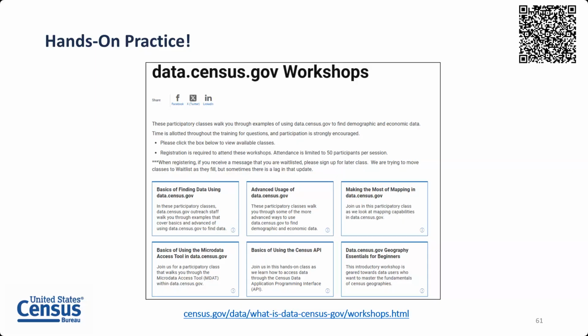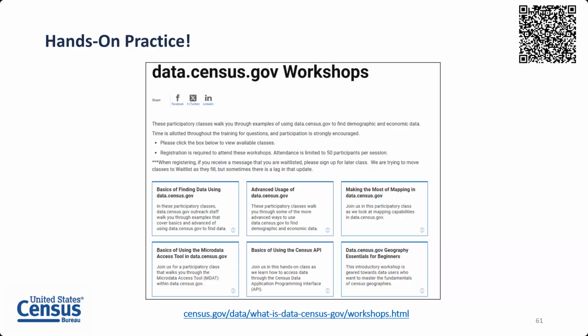And we offer them monthly on a variety of different topics. So for data.census.gov, there's basic, advanced, and mapping. We also have one on the microdata access tool to create custom tables. We have one on basics of using the Census Application Programming Interface or API. Last month, we released a new one, Geography Essentials for Beginners.